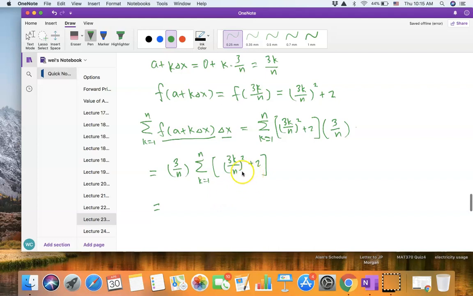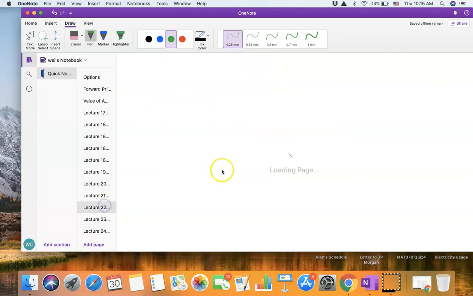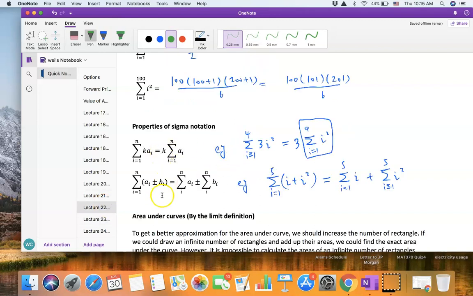Okay, now next, since this is a summation of this term 3k over n squared plus 2, if we use the second property of the sigma notation, the summation of a sum of two terms, we can write it as a sum of two summations.